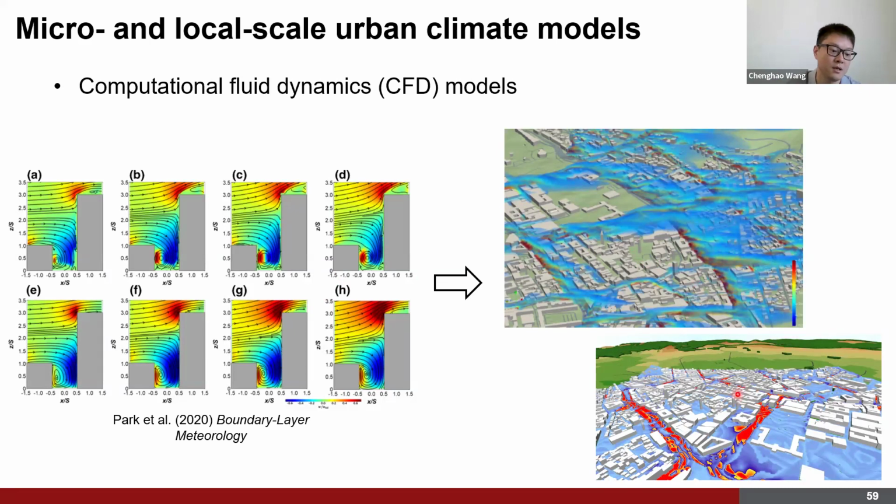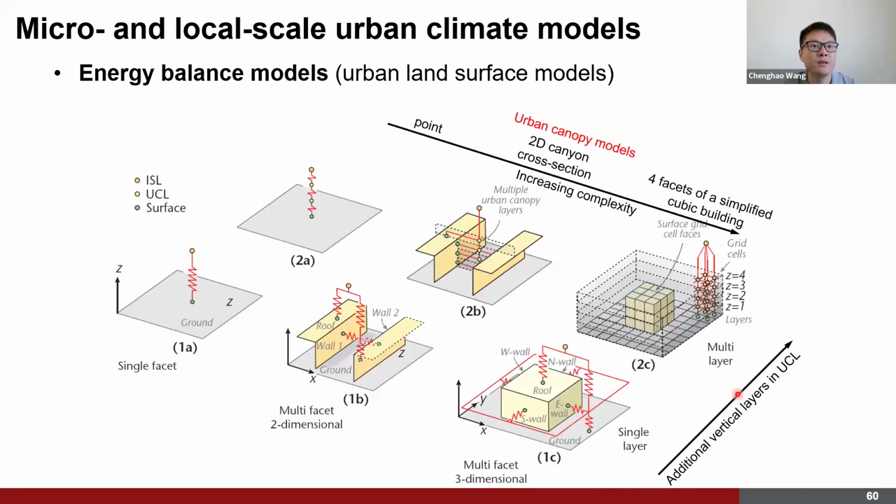So there's a large advancement in this field. So for models focusing on surface energy balance, we also sometimes call them land surface models. So these similarly have different spatial dimensions, right? From one-dimensional to two-dimensional multifaceted, and even to the three-dimensional complex urban environment.